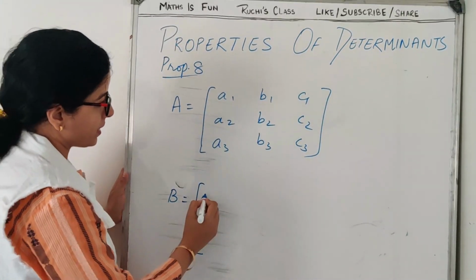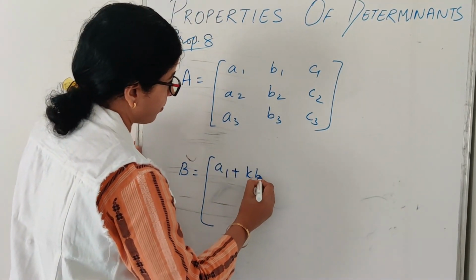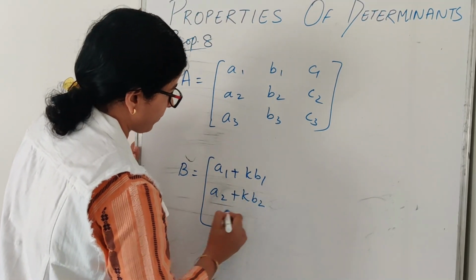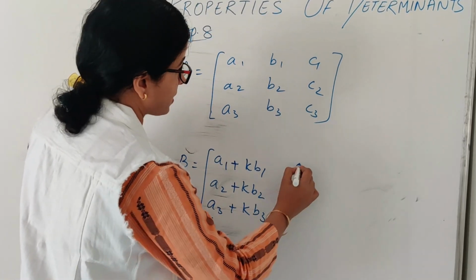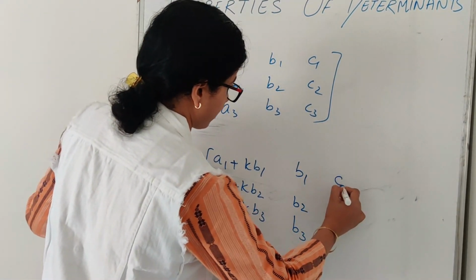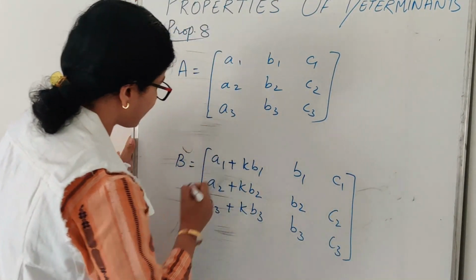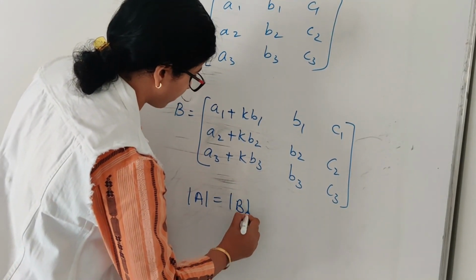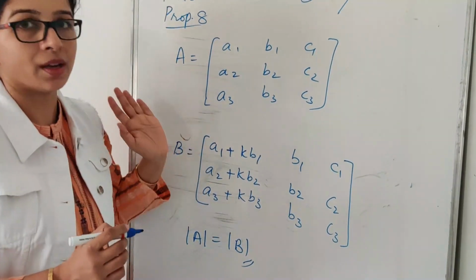Okay, so basically what I will get? a1 plus K b1, a2 plus K b2, a3 plus K b3, and the same elements will come here. So in this case, my determinant of A is equal to determinant of B. This is stated by property 8.